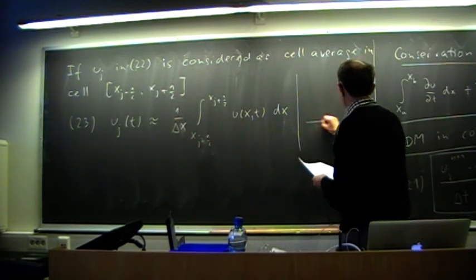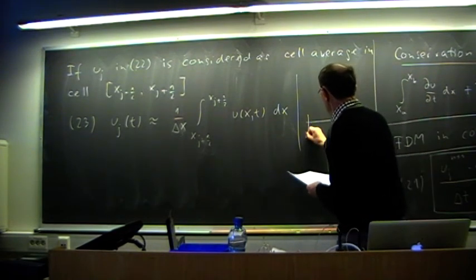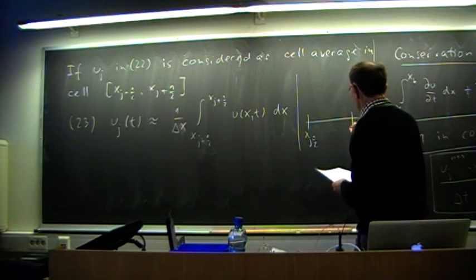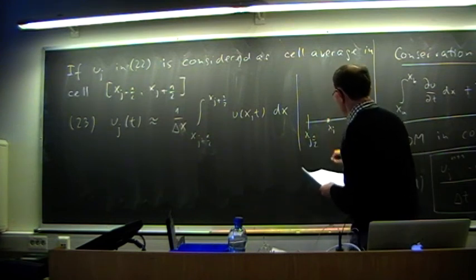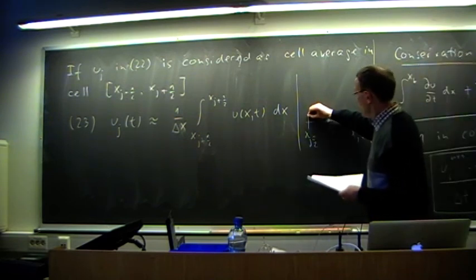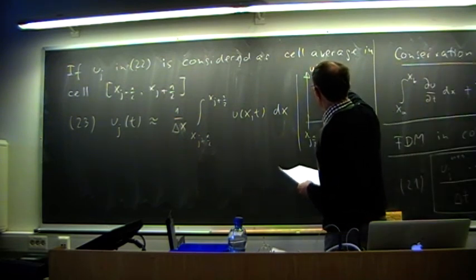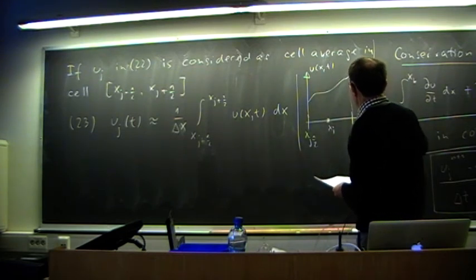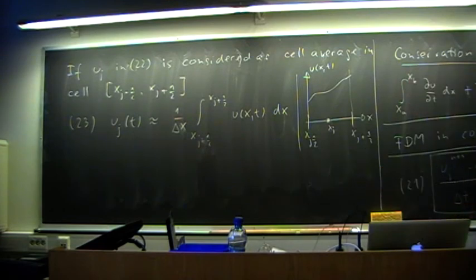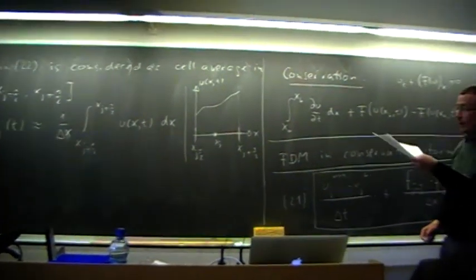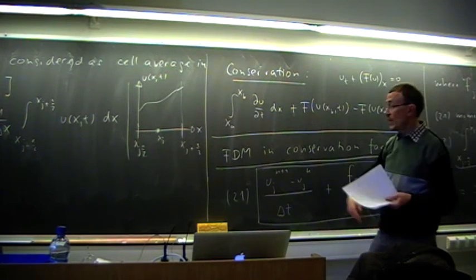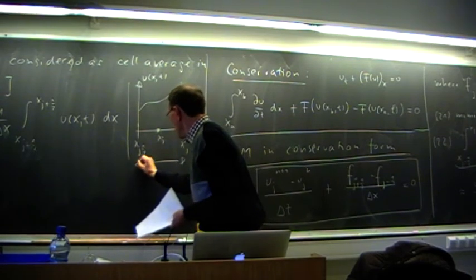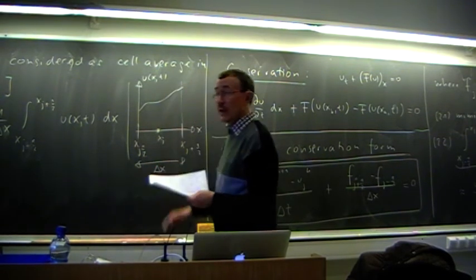So what we do here, we have x, we have xj minus 1/2 and xj plus 1/2, and we have the grid point xj in the middle. Then we have u of x,t, for example, some form of it. We don't know exactly, but what we are interested in here is just the average. So we integrate over that, we divide, the spacing here is delta x, then we get the cell average.